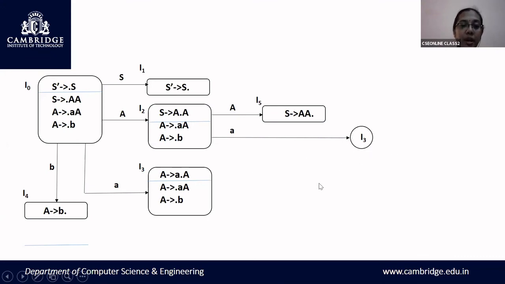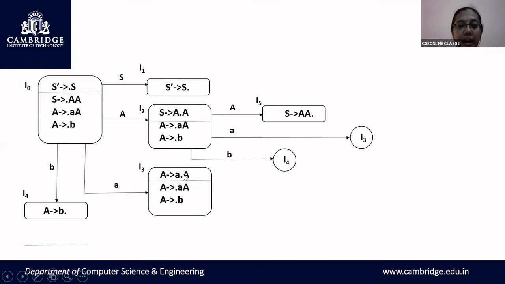Okay. Next, coming to the next production, A derives dot B. So dot can move one position right hand side on B. Okay. So this is again the repetition of state I4 on lowercase b. Fine. Next, coming to the state I3.